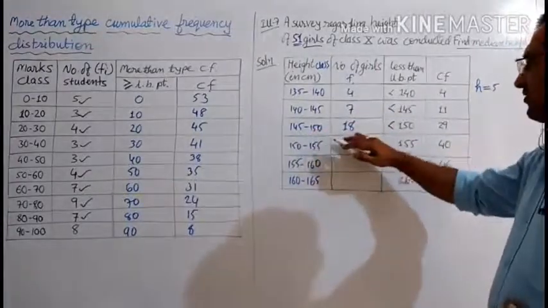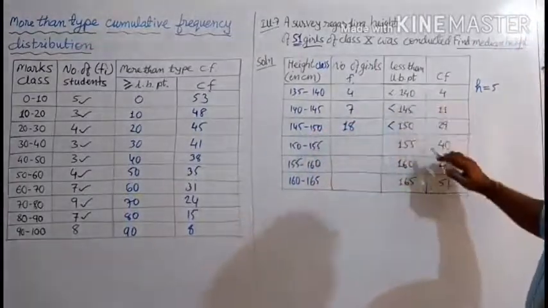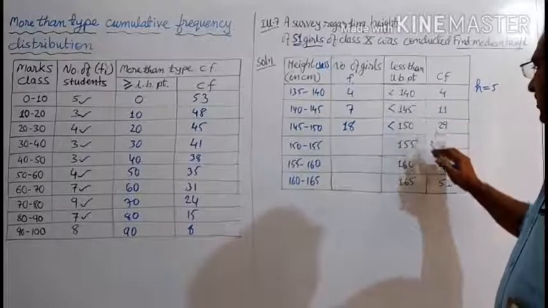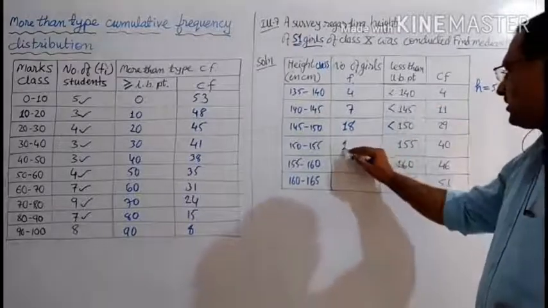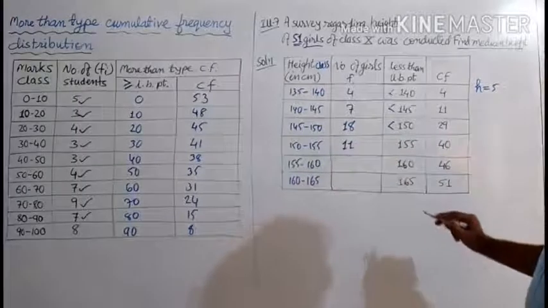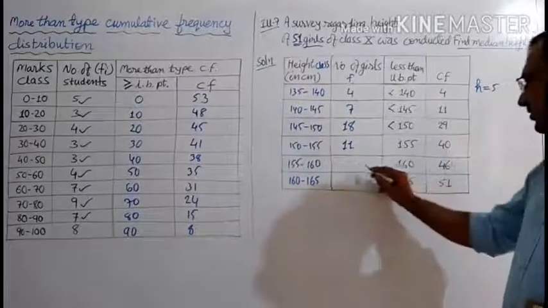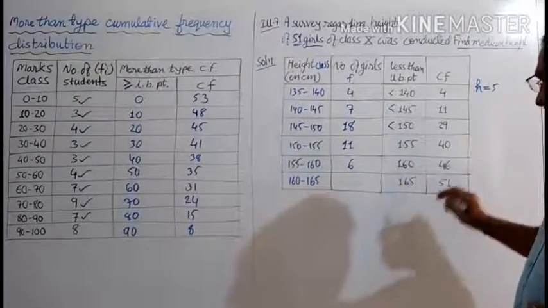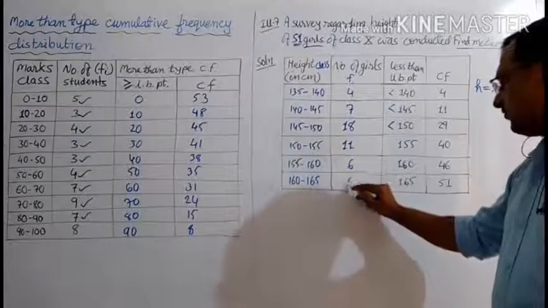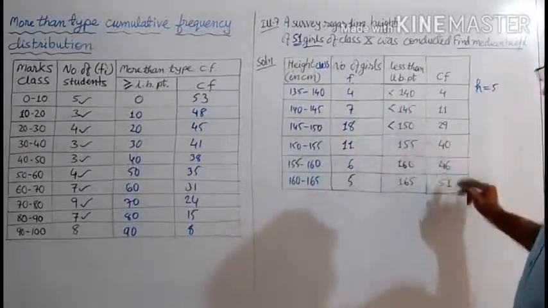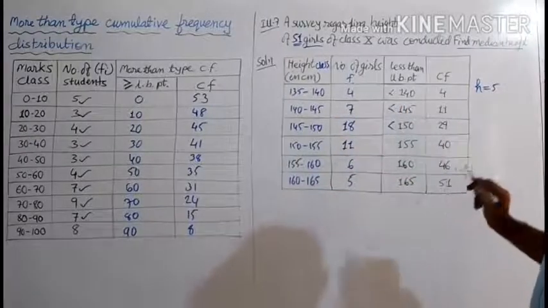Similarly 40 minus 29 gives 11 students in this range. Then 46 minus 40, that is 6, and 51 minus 46, that is 5. So the total is 51.